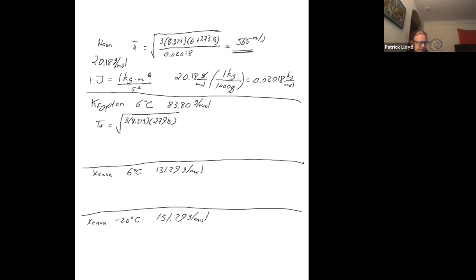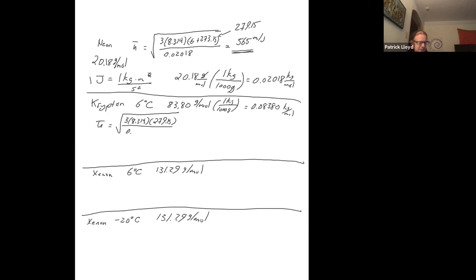Okay, so when you add those together, that's 279.15. I think I put 293 or something like that initially. So that should be 279.15. And then same thing here, your molar mass is 83.80, so you just convert that to kilograms. That's going to give you 0.08380 kilograms per mole.